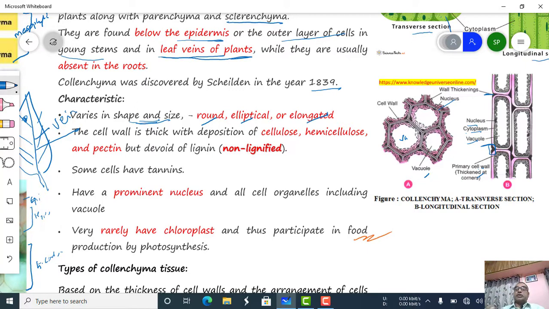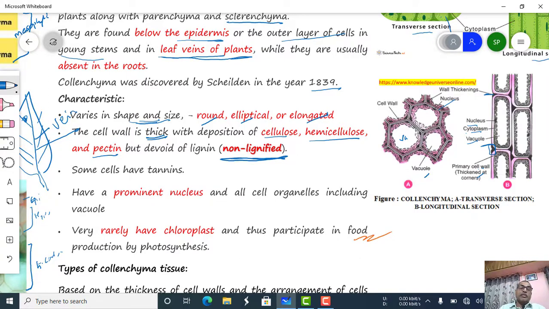The cell wall is thick, with the deposition of cellulose, hemicellulose, and pectin. These cells are non-lignified. Sclerenchyma is the next simple permanent tissue, which is the lignified one, but parenchyma and collenchyma are non-lignified.